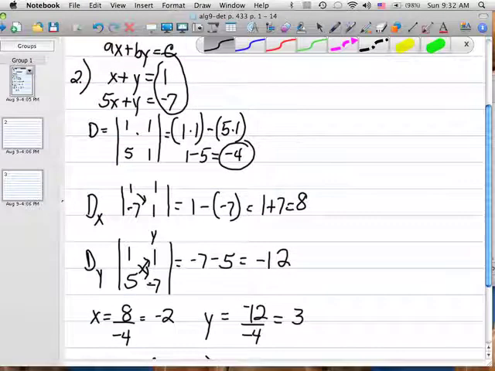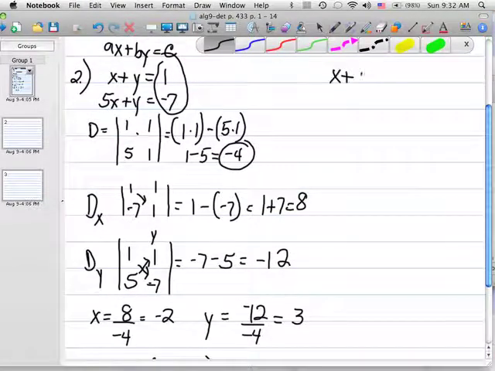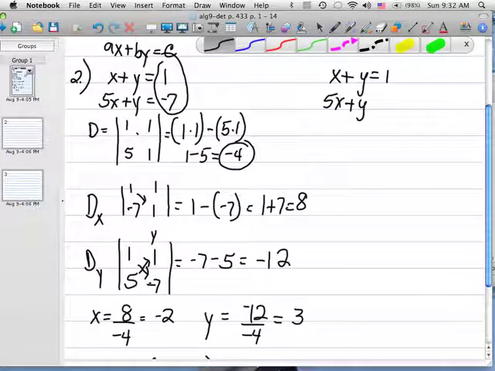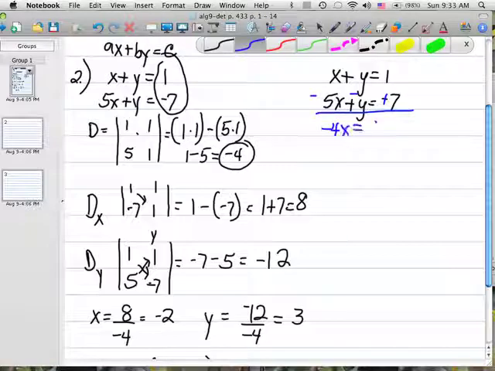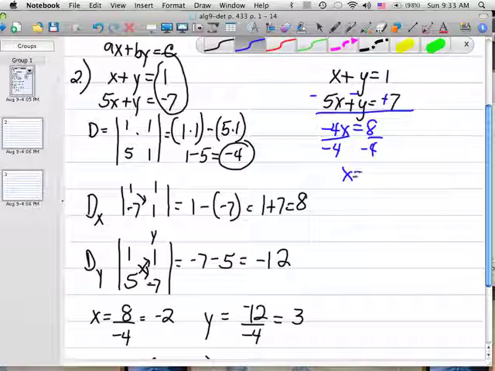If I go back up here and subtract them, which right now looks a little bit easier, but if I was actually solving this problem, I probably would just subtract them. So I get negative 4x equals 8, divide by negative 4, x equals negative 2, which is what I have here.